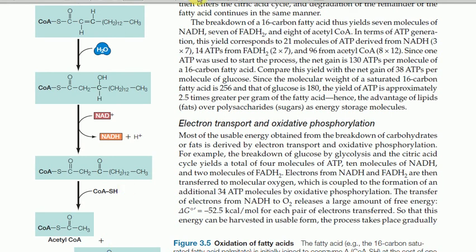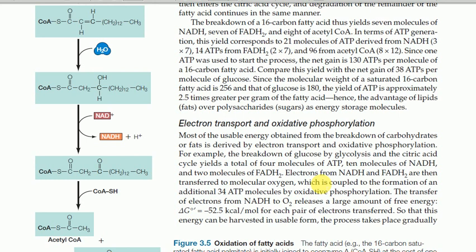kwenye detail. So tunavyosema ni kwamba most of the usable energy kutoka kwenye Krebs cycle na glycolysis inakuwa bado iko kwenye NADH. So most of the usable energy obtained from breakdown of carbohydrates or fat is derived by electron transport and oxidative phosphorylation. For example, the breakdown of glucose by glycolysis and TCA yields a total of 4 molecules of ATP, 10 molecules of NADH and 2 molecules of FADH.